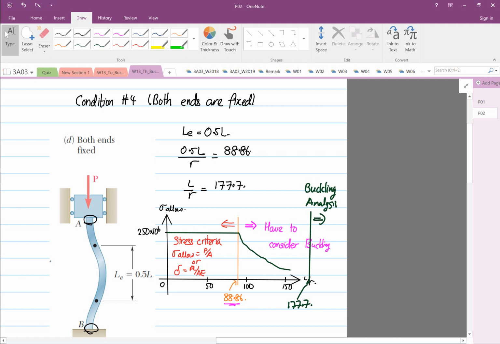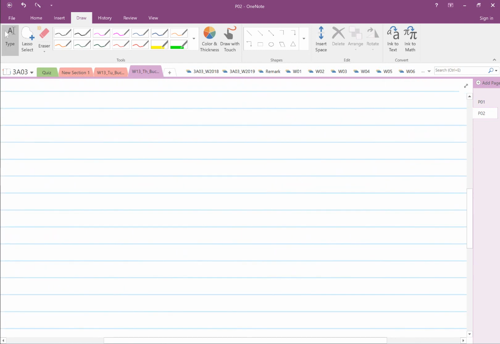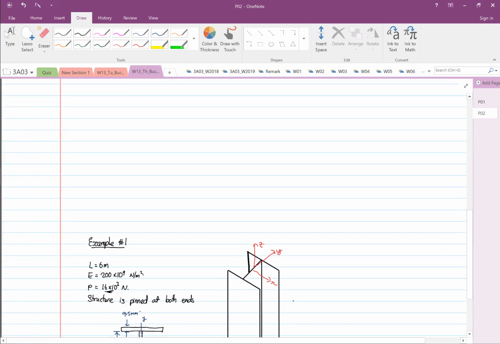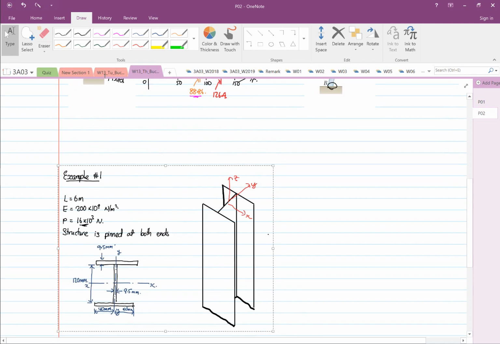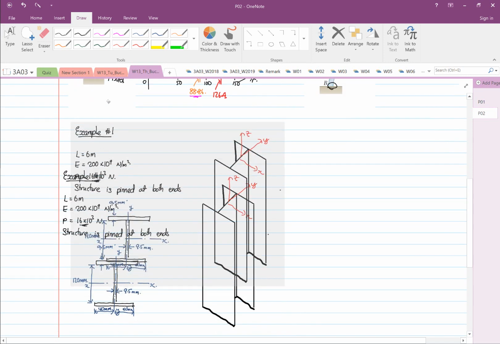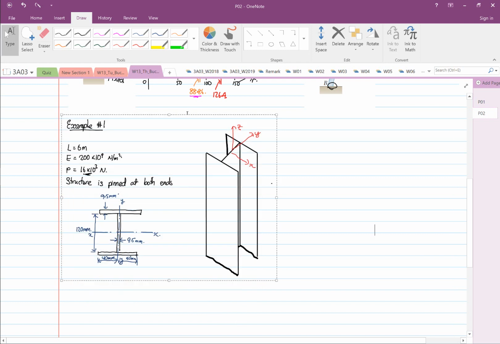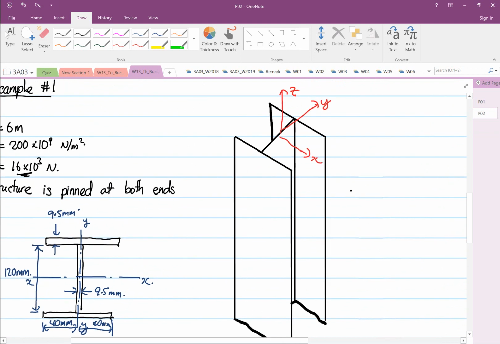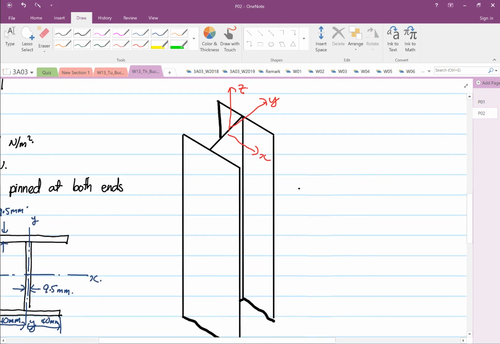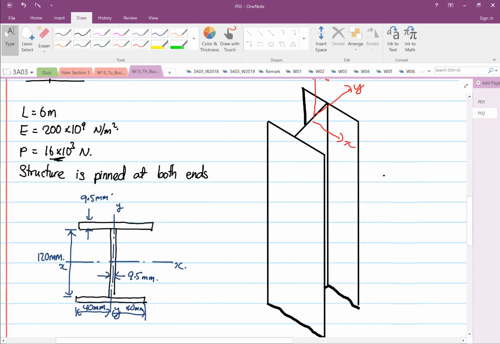Okay, so let's look at one example now. So as you can see on this example, let me move. You have a structure. There's an I-beam, right? There's an I-beam. But before we go on, so we have a length of 6 meters.